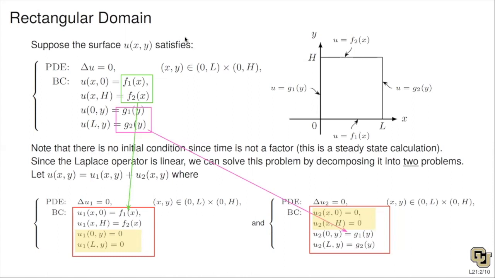Because now we can start to use our theory again. Now I can start to say, well, if you look at the set of functions that satisfy the PDE and these trivial boundary conditions, they form a vector space. And that's kind of a new concept that I'm just introducing right now.